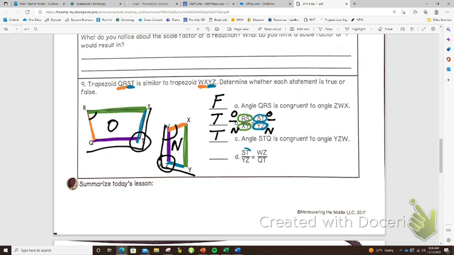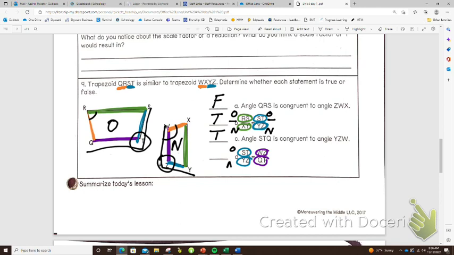And then we have another proportion set up where we have ST, and that was our blue side. YZ was the blue side. WZ was purple. And QT is purple. So they match up correctly based on corresponding sides, but now we need to check the new and original. ST was on our original trapezoid.